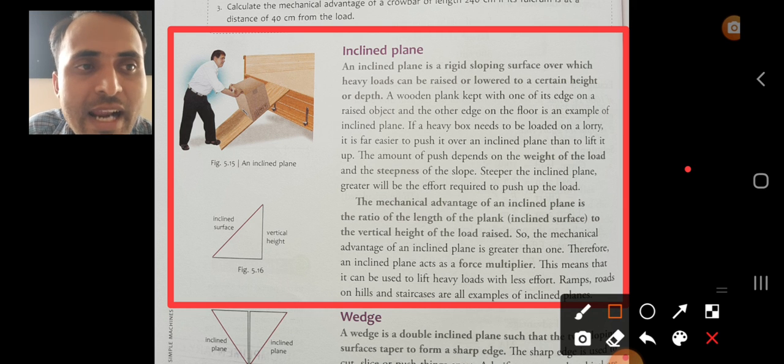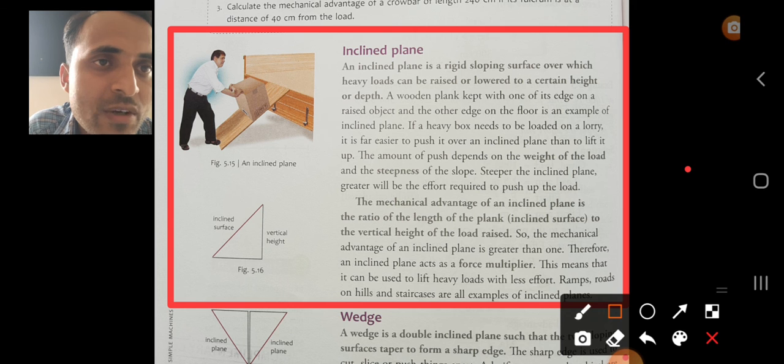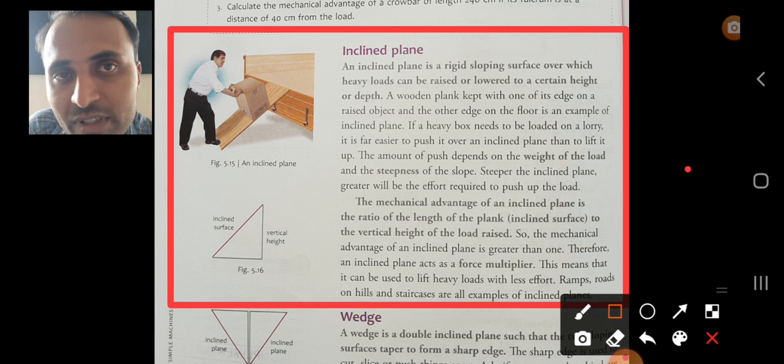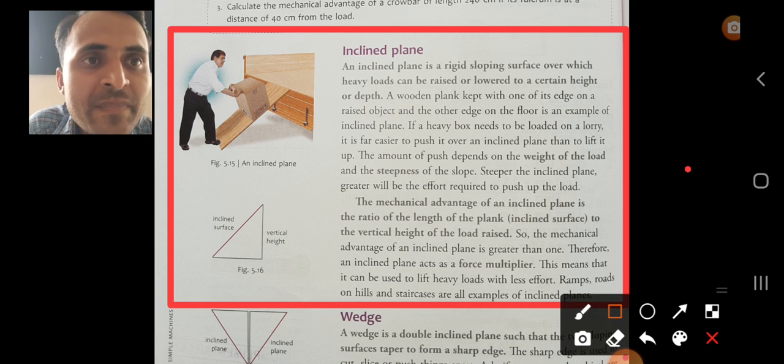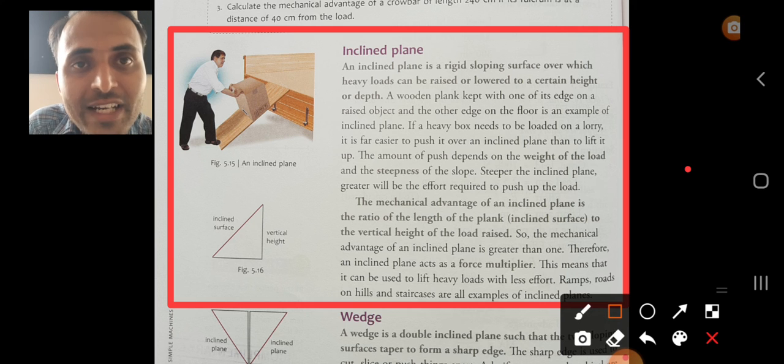Such as ramps, roads on hills, and staircases. Okay, these are the examples of the inclined plane. With the help of less effort, we can lift or lower the load. Okay, and we will make our work very easy. So the amount of push depends upon the weight of the load and stiffness of the load.